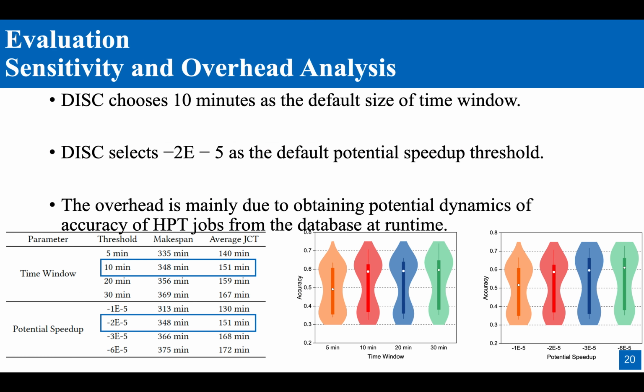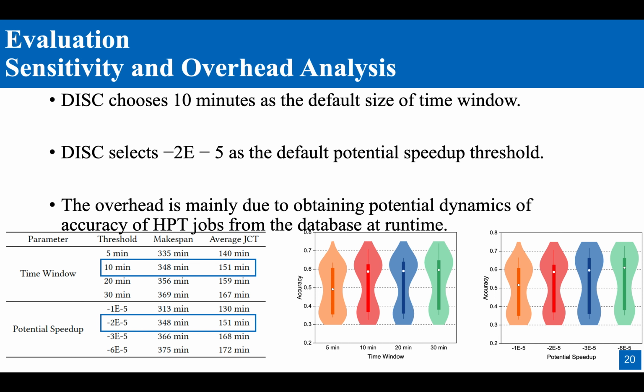The sensitivity analysis focuses on 2 parameters: adaptive scaling time window size and potential speedup threshold. The larger the time window is, the closer DISK is to the naive approach. However, the median accuracy does not increase but gradually converges to 0.6.